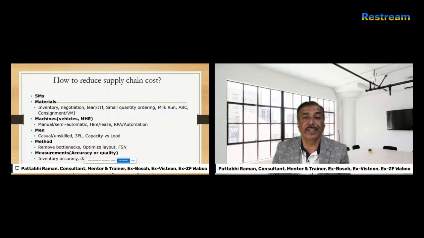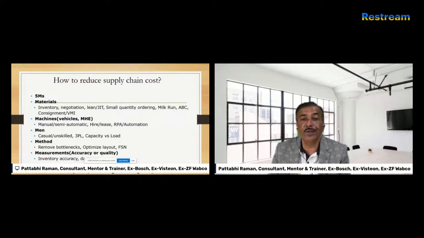Then you have to study what capacity is required, and whether you have excess equipment. Can you go for leasing or renting? Any repetitive work, maybe you can automate to some extent. Low cost automations are available.